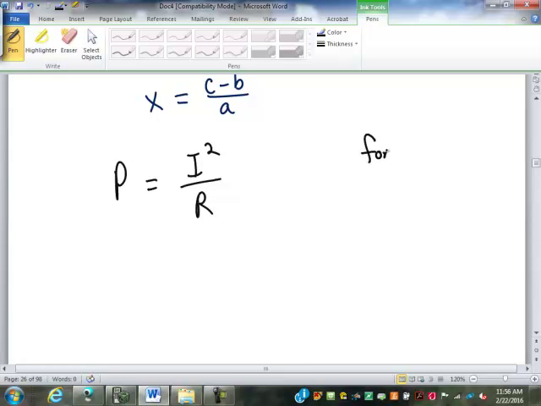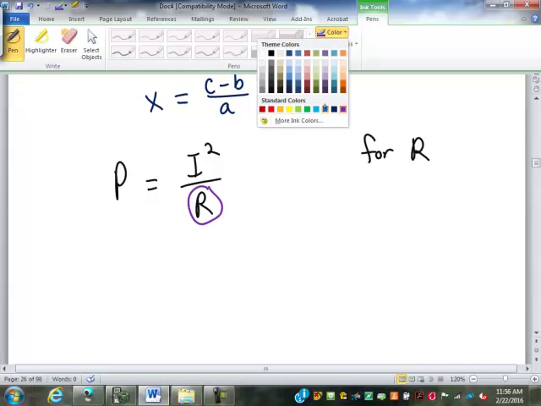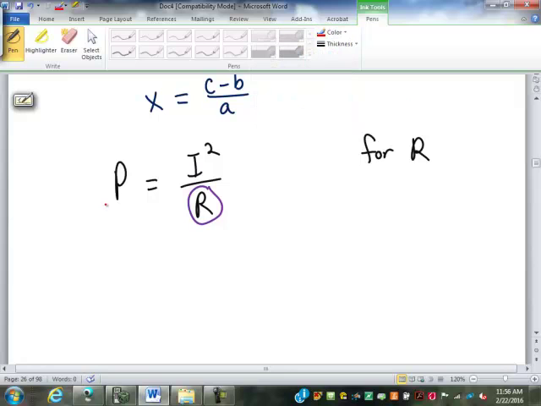We may want to solve that for R. So now what we're trying to solve for is on the bottom of a fraction. But what we can do is resort back to what we've done with our percents, with a simple proportion, and just put P over 1. Now this is a simple proportion, and we can solve it by cross multiplying.